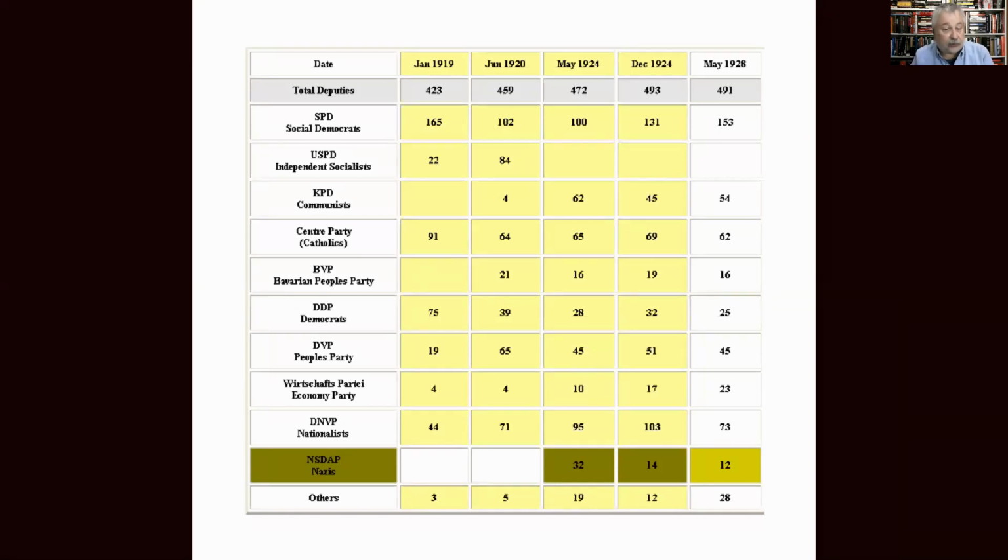We've got to get out into the streets and fight for power, while Hitler keeps maintaining that the best route to power is going to be the electoral process. But he doesn't fare very well here in 1928. It's not at all looking good for Hitler.